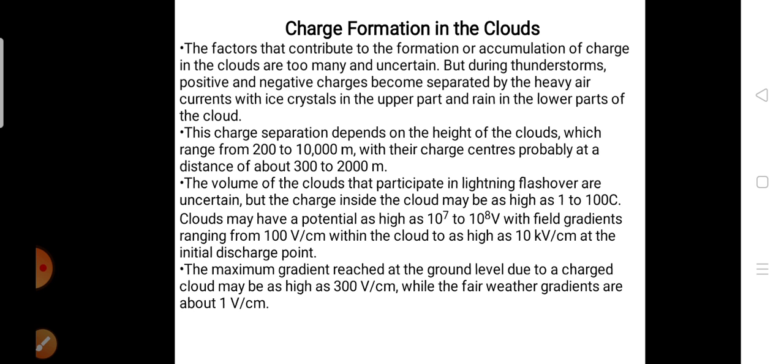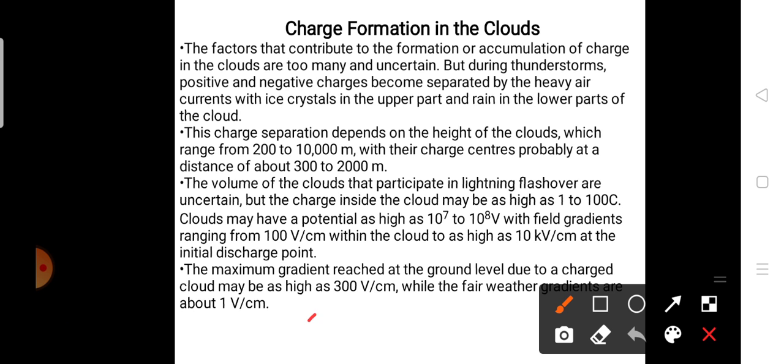The energies associated with the cloud discharges can be as high as 250 kilowatt hours.